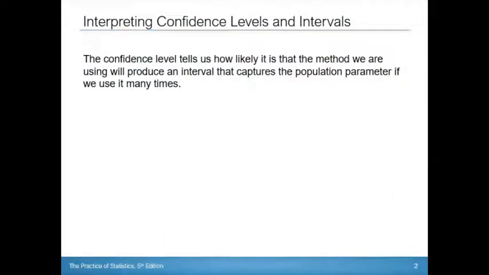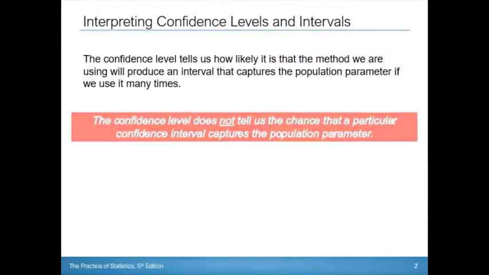All right, so interpreting the confidence levels and intervals. The confidence level tells us how likely it is that the method that we use to take a sample, calculate the X bar, and create a confidence interval around that X bar is to capture the population parameter.